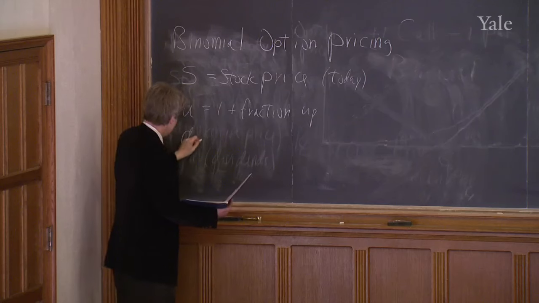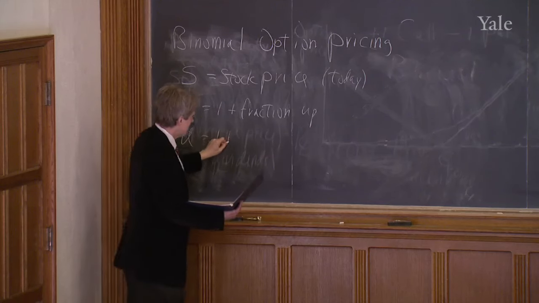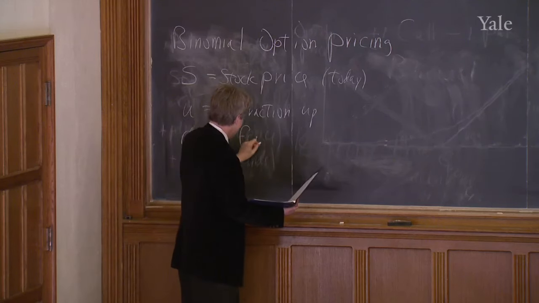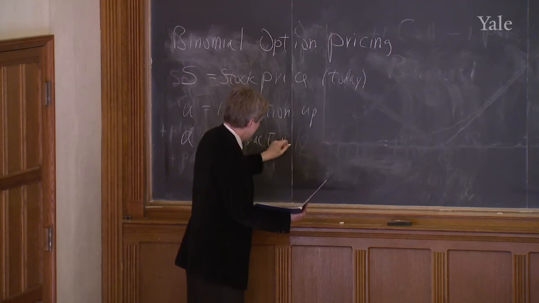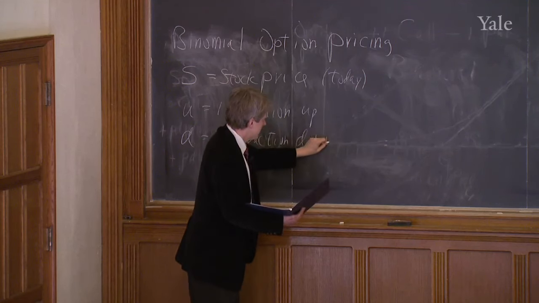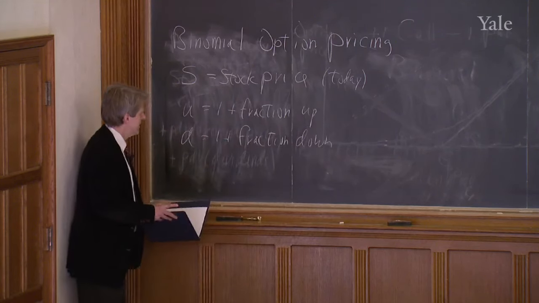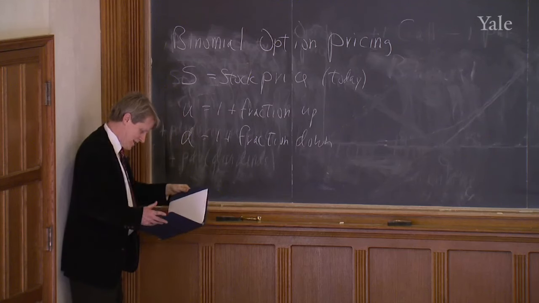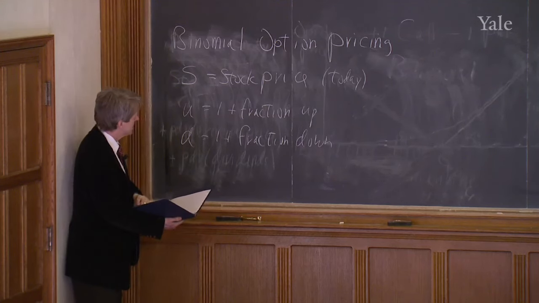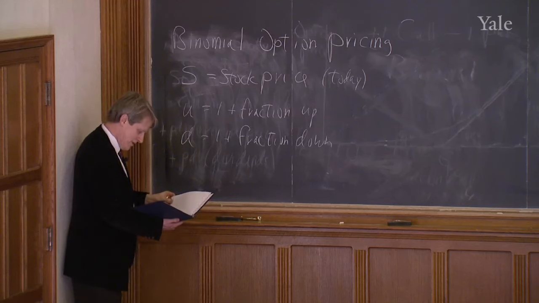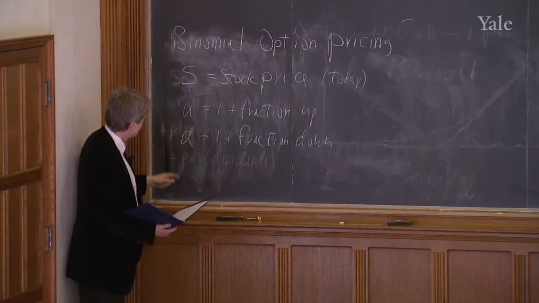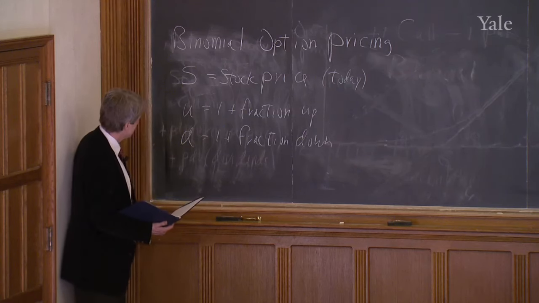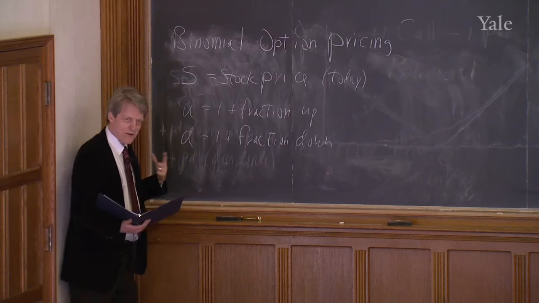And D is down, is 1 plus the fraction down. So that means that the stock price either becomes SU, which means it goes up by a multiple U, or it is SD, which means it goes down by a multiple D. And that's all we know, okay?